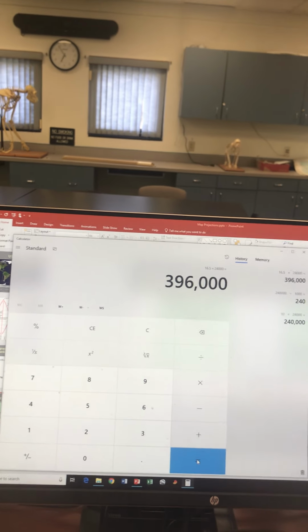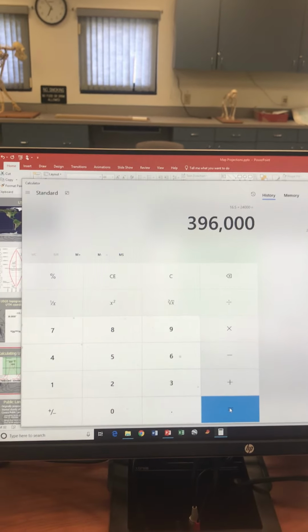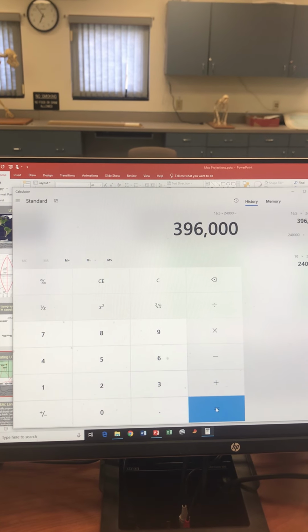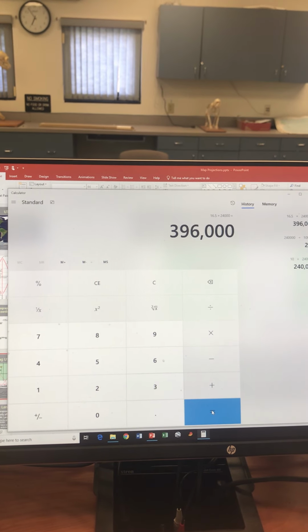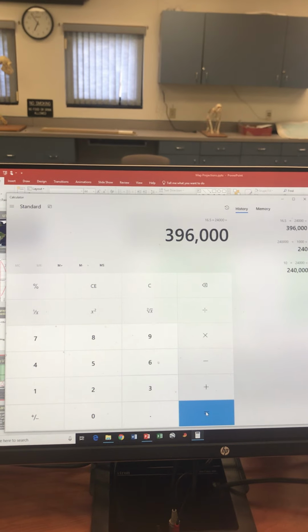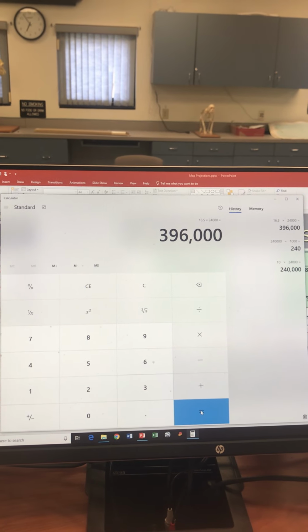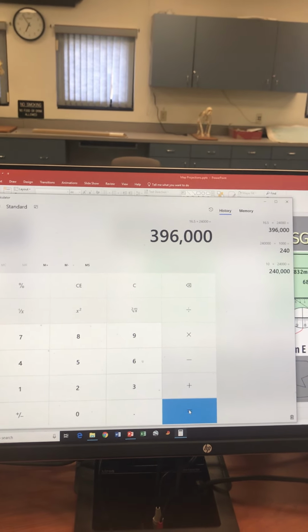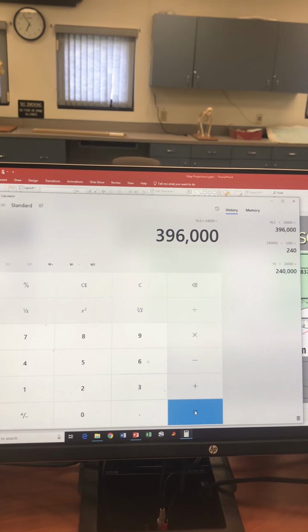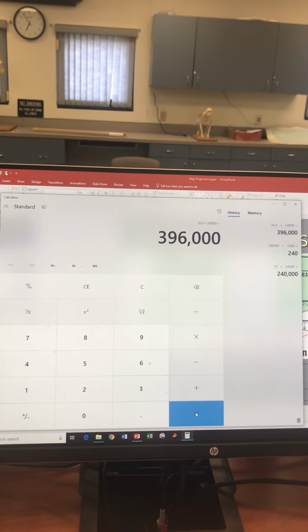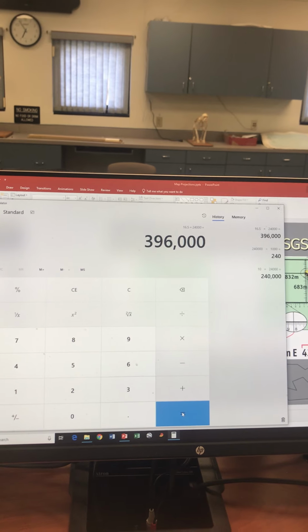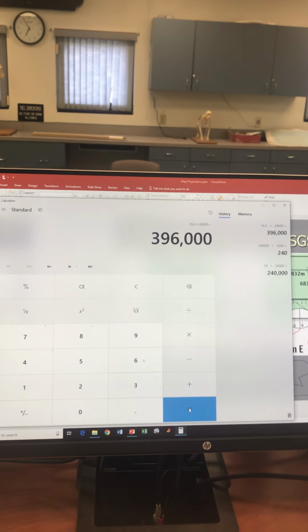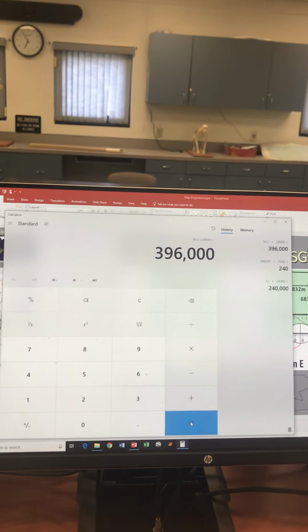The 16.5 millimeters we measured by hand with a ruler on the map really represent 396,000 millimeters on the ground. If we were to go out there and walk that distance, it would add up to 396,000 millimeters.